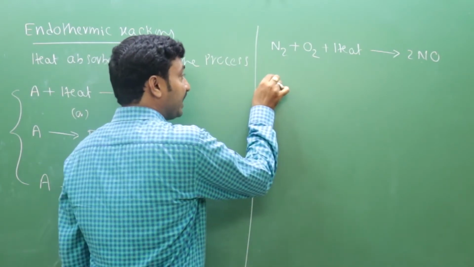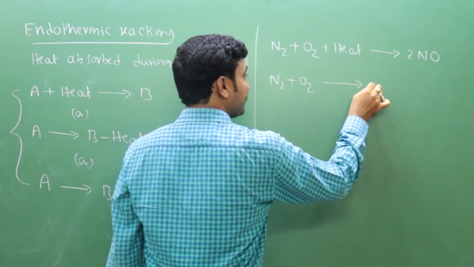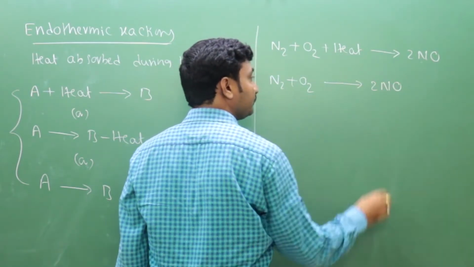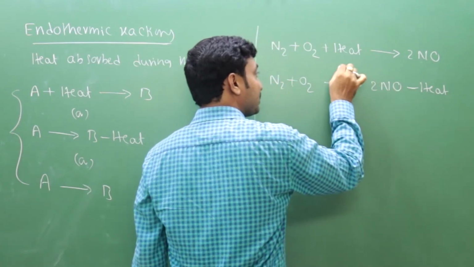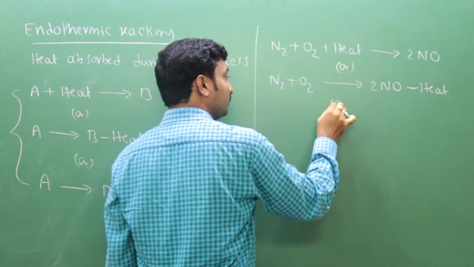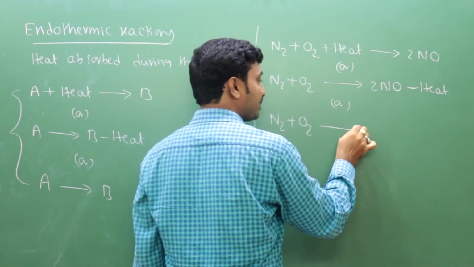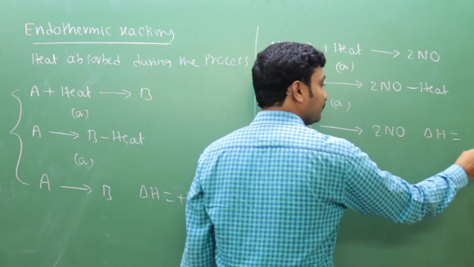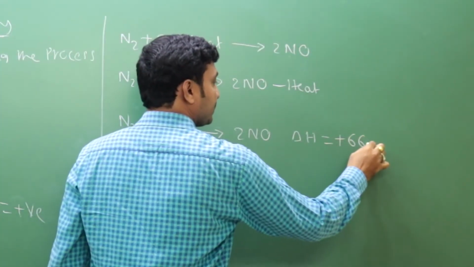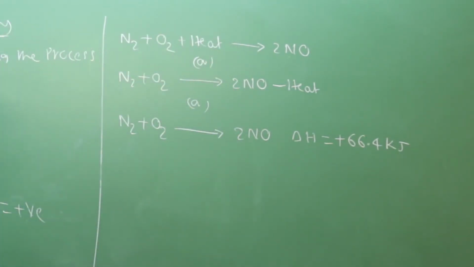N2 plus O2 gives 2NO minus heat. You can write it like this also: N2 plus O2 gives 2NO, delta H is equal to plus 66.4 kilojoules.